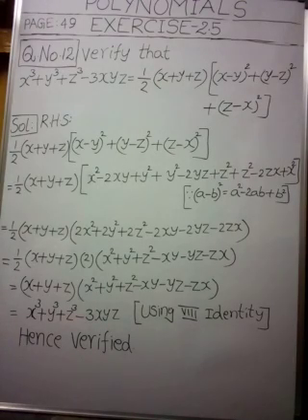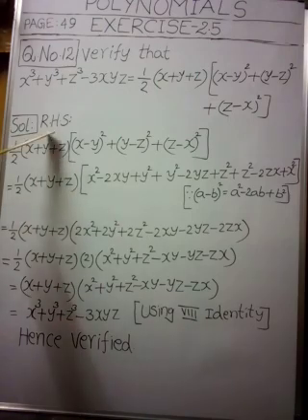This question is also the same as question number 9. We have verified the given statements in question number 9. Here also we follow the same steps by taking RHS.